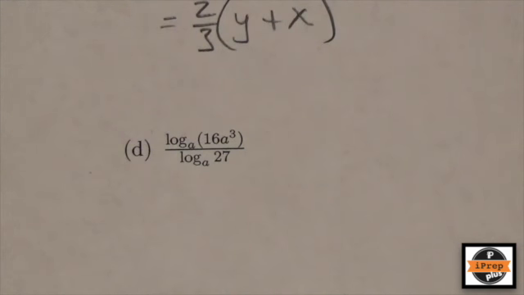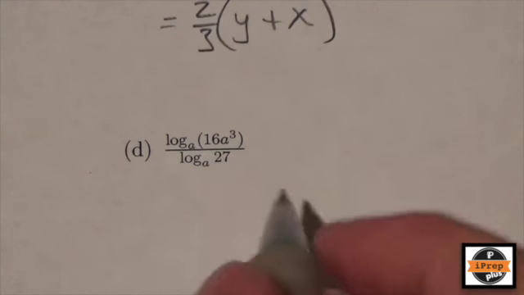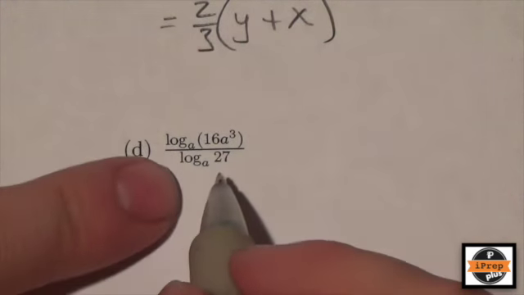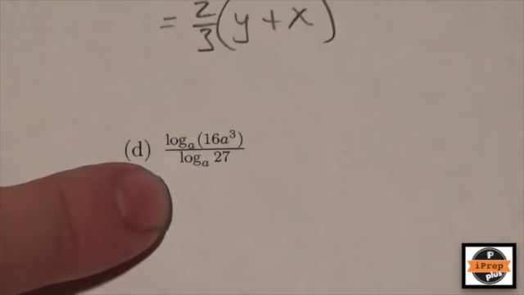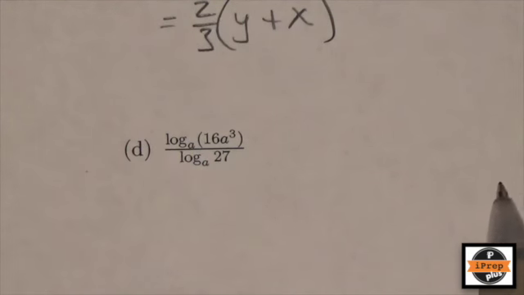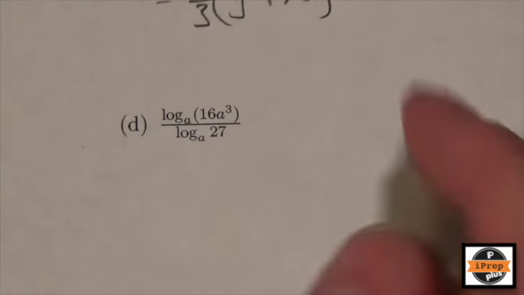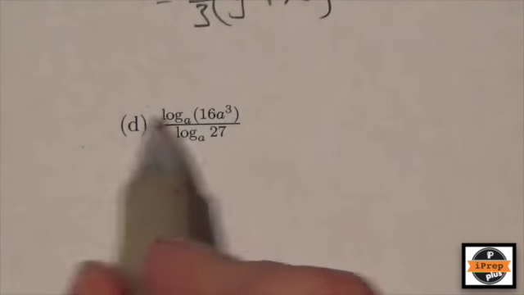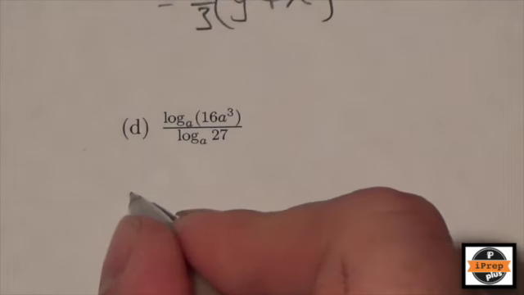But if you've got division between logarithms, that's a different rule altogether here. And it's not what we're trying to look at here. This could be considered a change of base formula here. But because we're trying to rewrite these things in terms of x and y, really what I have to do is I have to expand the numerator and denominator separately. Treat them as two different expressions here that are divided.